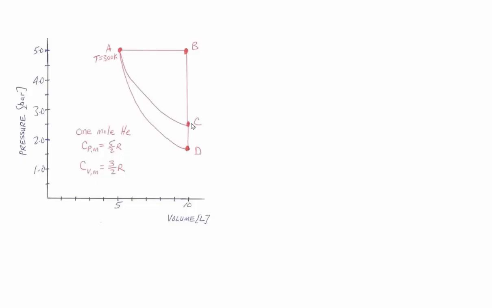Going from A to C is the isothermal expansion of the gas to a volume of 10 liters, so doubling its volume. The path from A to D is the adiabatic transition or expansion, which also doubles its volume. The path A to B is the isobaric expansion from a volume of 5 to a volume of 10.